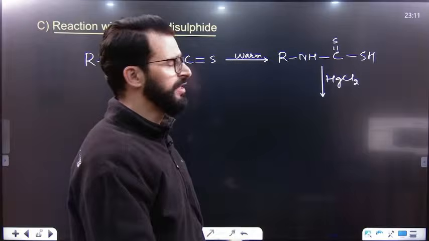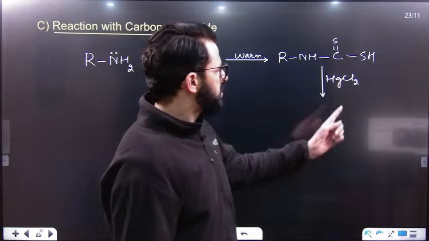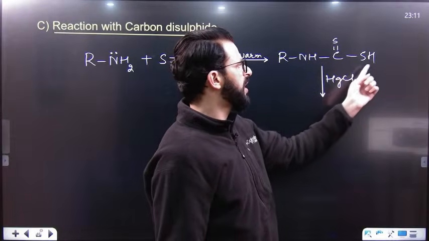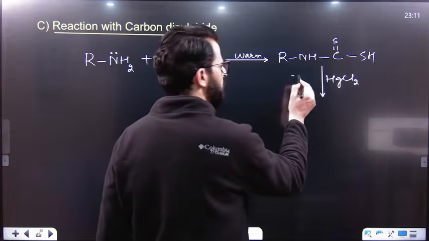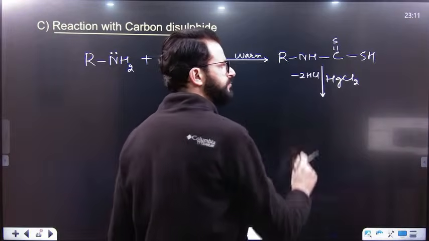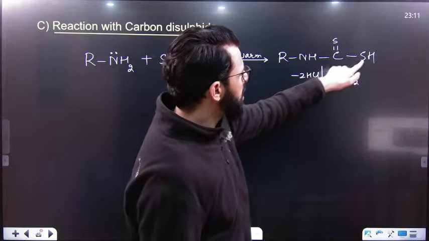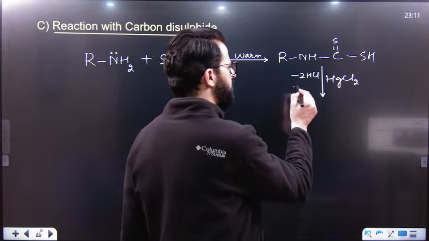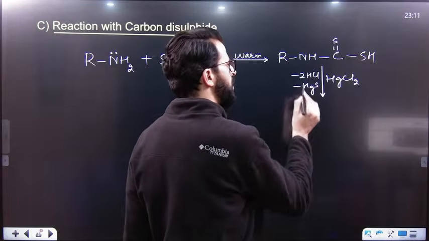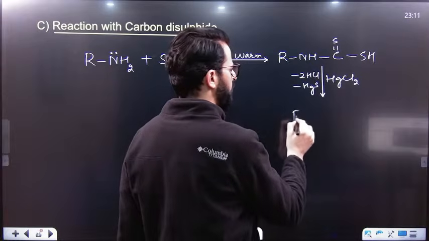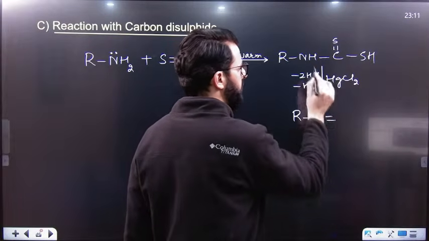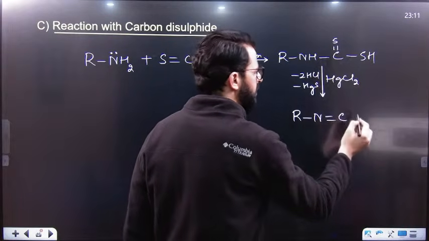Have a look. I will simply tell you the trick. Suppose this Cl will abstract this H and this H. That means it will result in the formation of twice HCl. After that, suppose this Hg reacts with S, that means it will result in the formation of HgS. Then here it will be the formation of this one, double bond, and then C, then double bond this one.